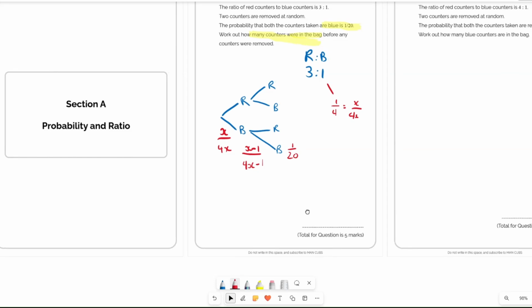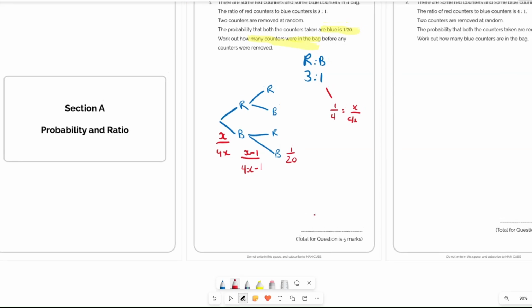Now, you should know how probabilities work: we're taking one blue and we're taking a second blue, so we can write an equation to represent this. So we've got x over 4x multiplied, because we're doing it and, by x minus 1 over 4x minus 1, is equal to 1/20.